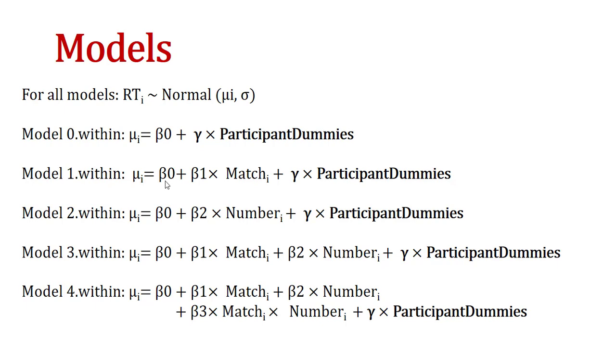Okay, so for model 1 within, they all have the participant dummies, but here we add match, which wasn't there in model 0. In model 2 we add number but not match. In model 3 we add both match and number, and in model 4 we add match, number, and the interaction between the two variables.